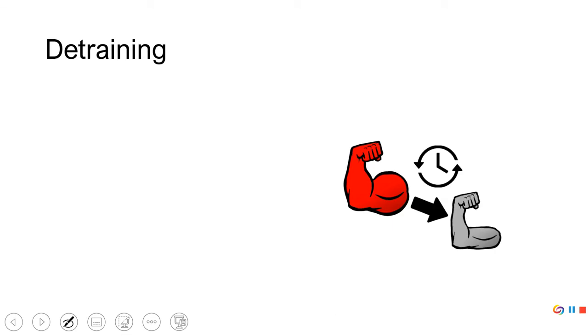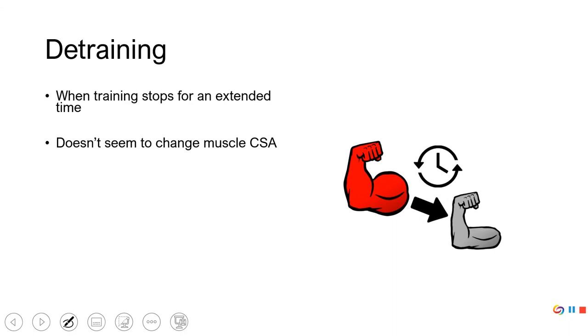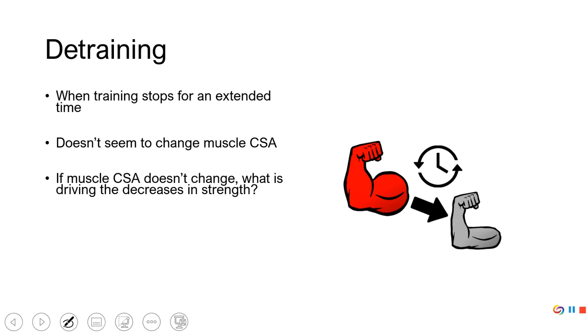There's also something called detraining, okay? This is when training stops for an extended period of time, but it doesn't change muscle cross-sectional area. So there's a difference between detraining and just lack of use, right? Atrophy is when you become immobilized, you don't use that muscle, and the muscle goes away. Detraining is you're just not using it as much, so the cross-sectional area doesn't change, but you lose the strength gains.